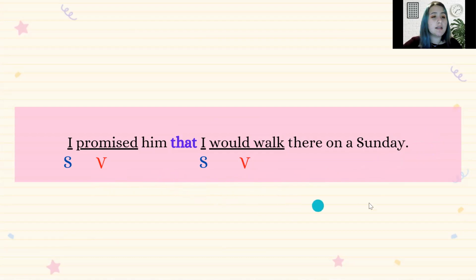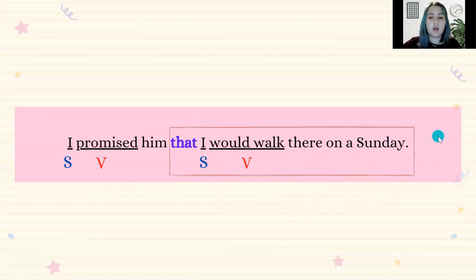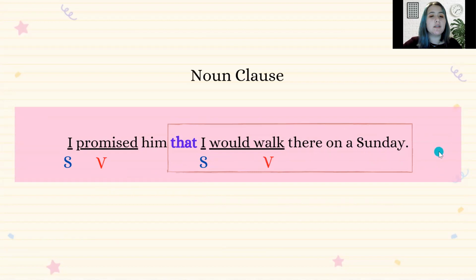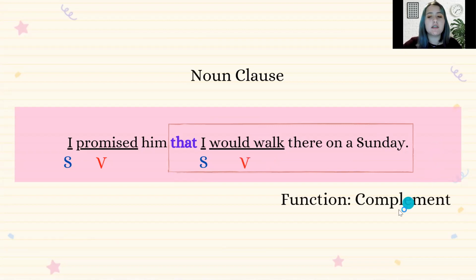So we ask the question, what did I promise? I promised that I will walk there on Sunday. This is a subordinate clause, and we know that it's a noun clause because it answers the question, what did I promise? And the function is of a complement.